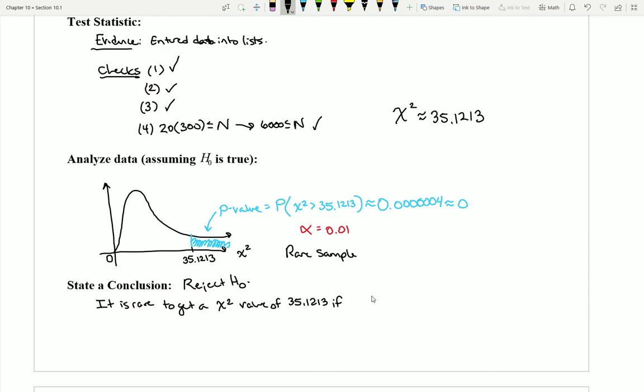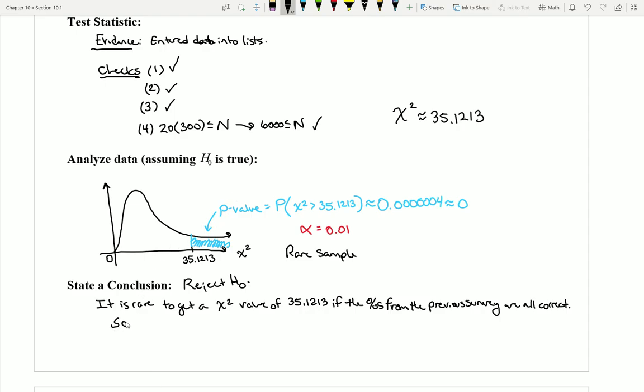But H0 being true is if the percentages from the previous survey are all correct. It would be super weird to see what we saw if all of those percentages from the previous survey are still actually correct today.